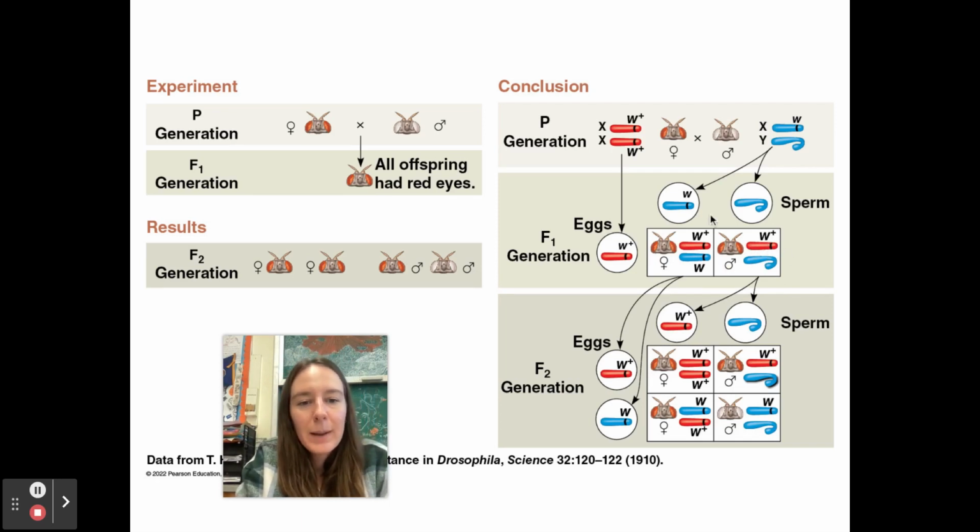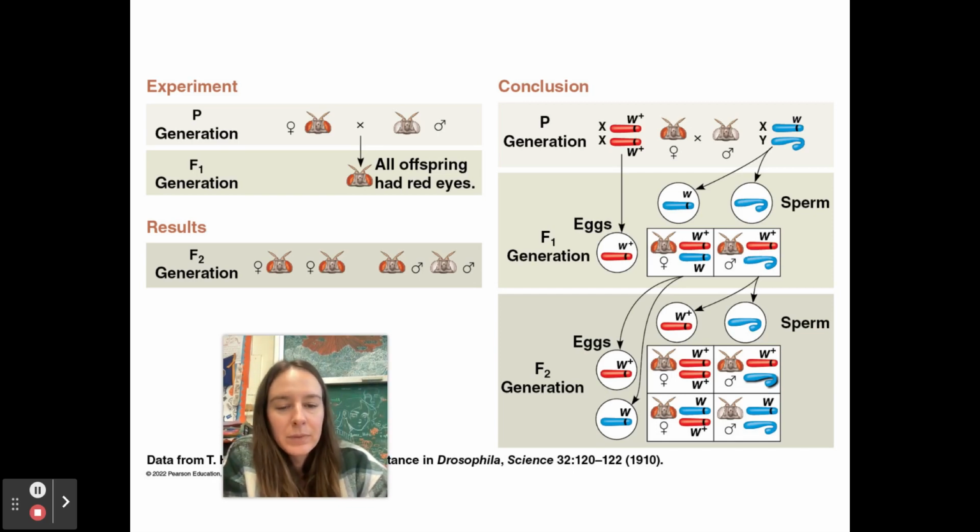But what happens when this male son creates gametes? Well, this male could either put the Y chromosome in one sperm or the wild type X chromosome in another sperm. The eggs from this female can put the wild type or the mutant allele on her X chromosomes.